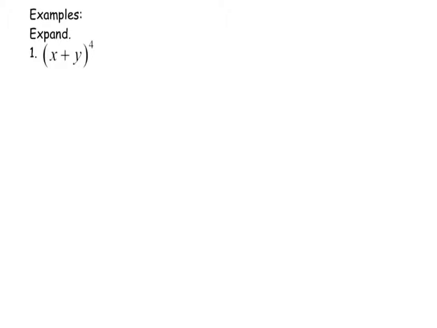In the first example, x plus y is to the fourth power, so we need to expand the expression. So I'm going to start with the combination of 4, 0 times x to the fourth power and y to the 0 power. Then my next term is going to be c4, 1, x to the third power, y to the first power.